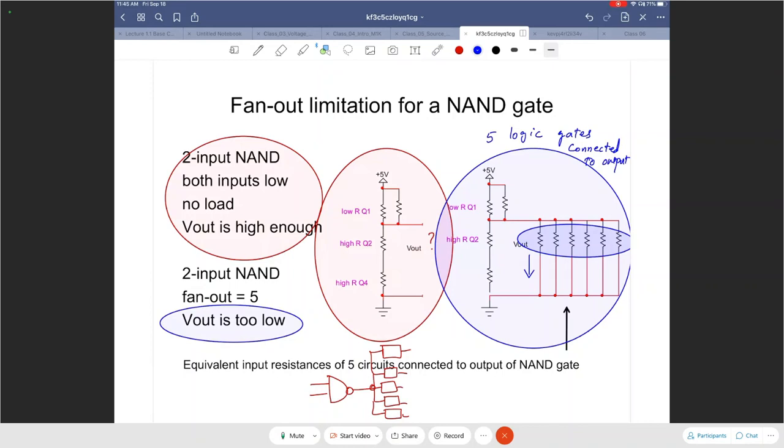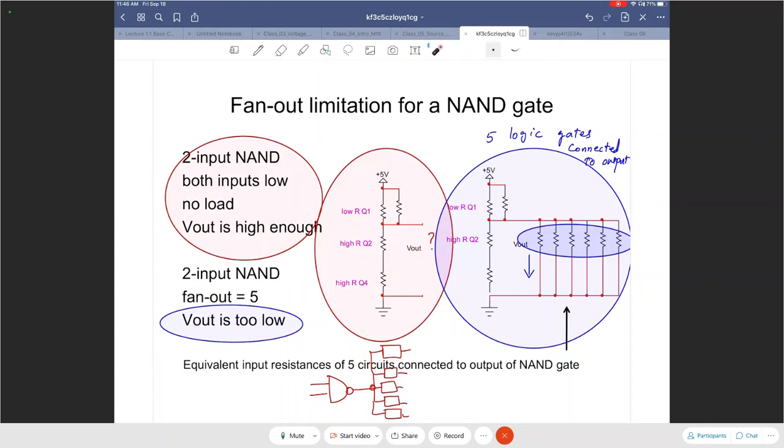We don't want that, right? We wanted, for that particular case, when both the inputs were low, we wanted the output to be high. In this case, because of connecting too many things at the output, we got a low output. So that's essentially your fan out limitation.